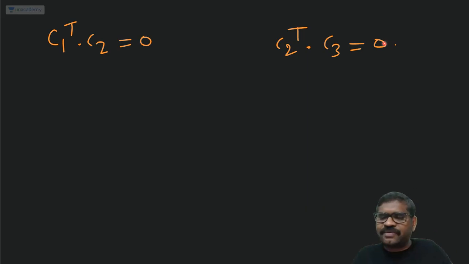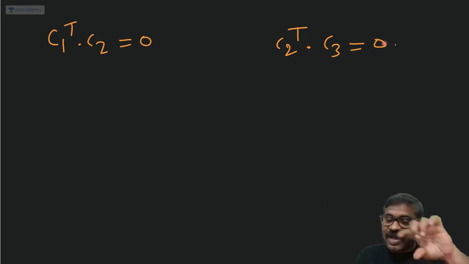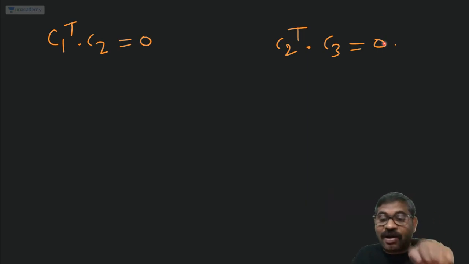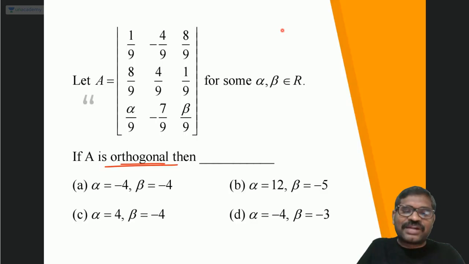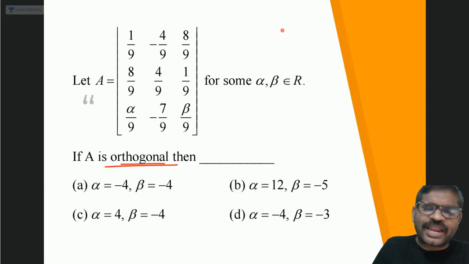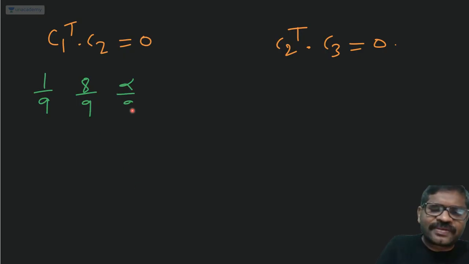Okay, when you take columns, first column transpose, row multiplied with column gives us 1 cross 1. That's why I have taken C1 transpose dot C2. Suppose if you take R1, R2, you have to write R1 dot R2 transpose equal to 0. Now come here. C1 transpose is 1 by 9, 8 by 9 and alpha by 9, dot C2 equal to 0.